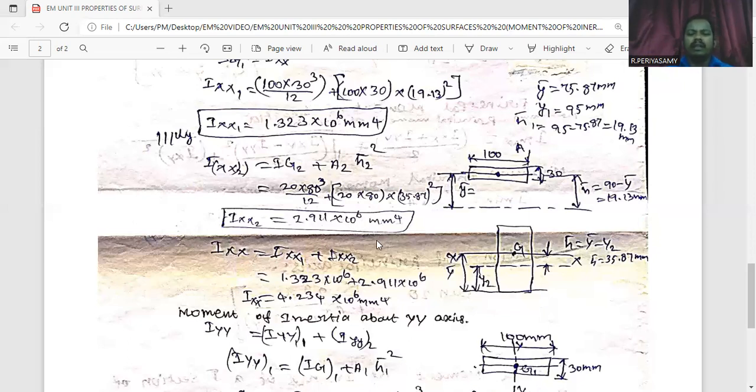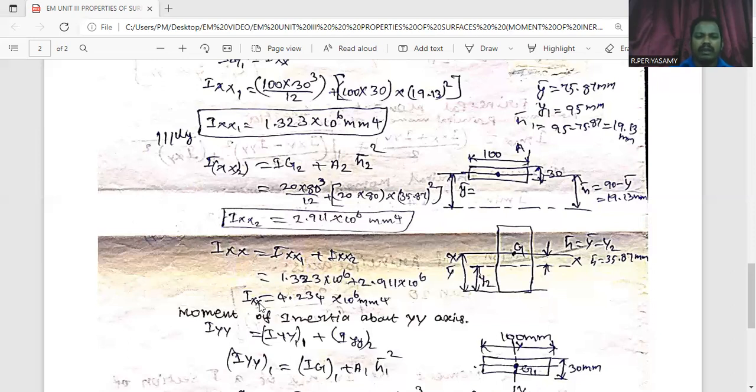Finally, the total moment of inertia about the x-axis equals the first component's moment of inertia about the x-axis plus the second component's moment of inertia about the x-axis. So we add the two values: 1.323 into 10 to the power 6 plus 2.911 into 10 to the power 6.